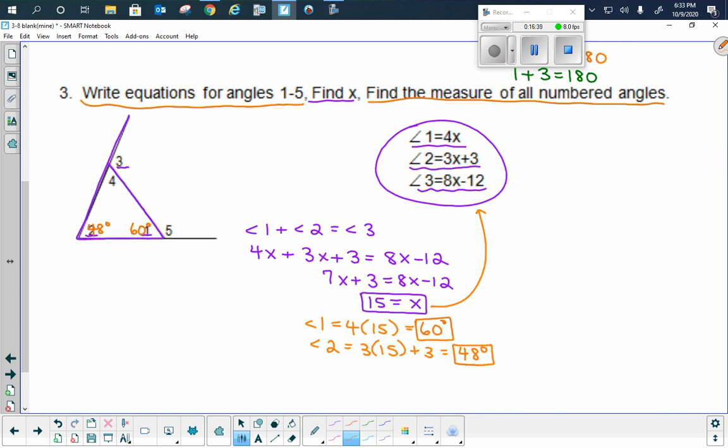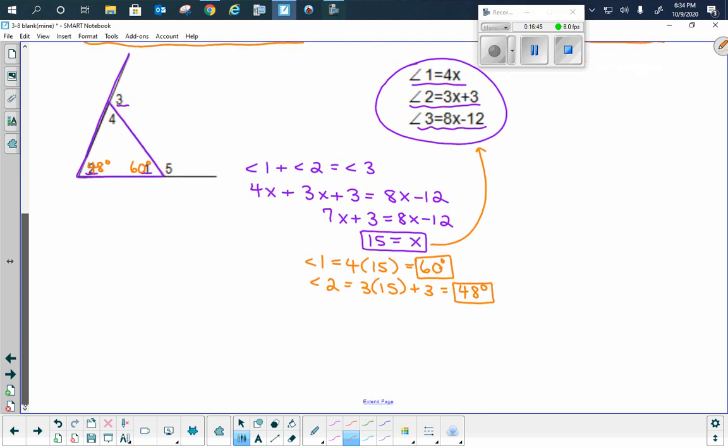All right, continuing then, angle 3. If I plug it in up there, it's going to say 8 times 15 minus 12. So do 8 times 15 first, and then subtract 12. You'll get 108 degrees. So angle 3, 108 degrees.